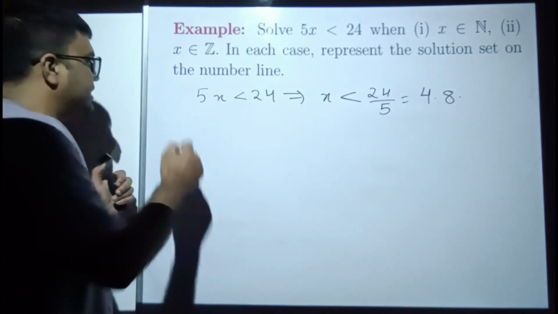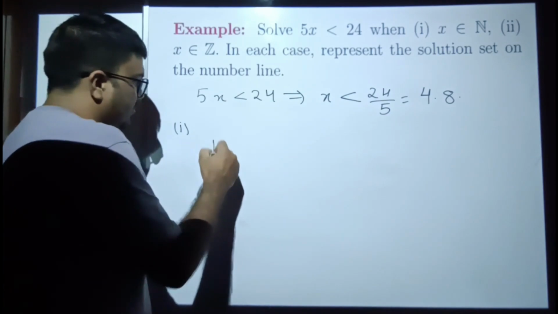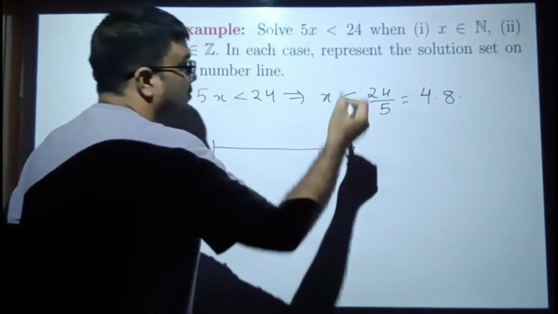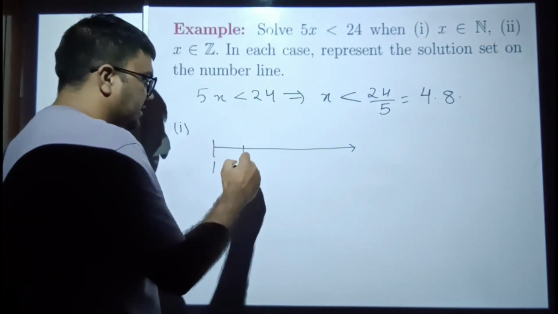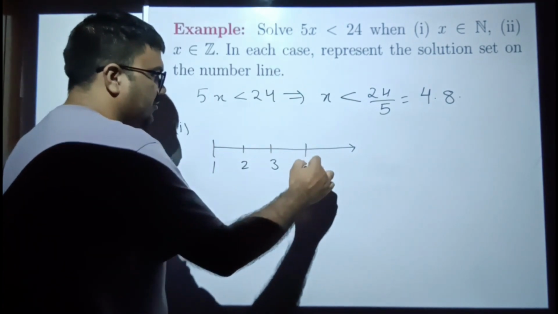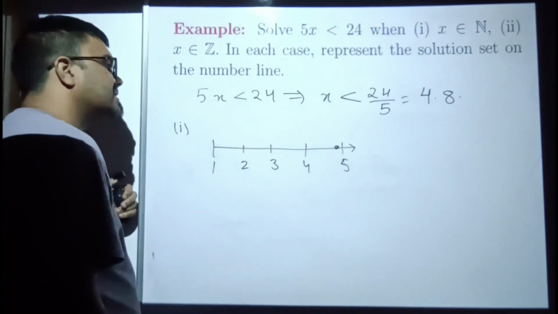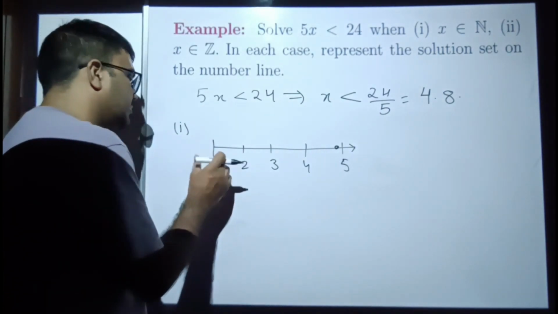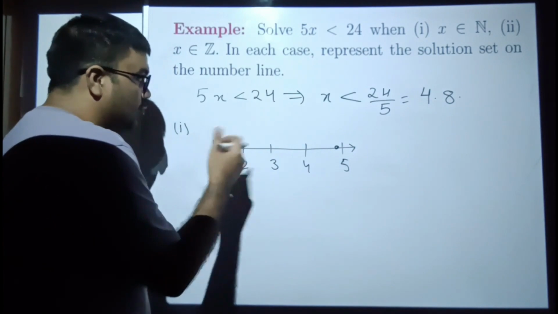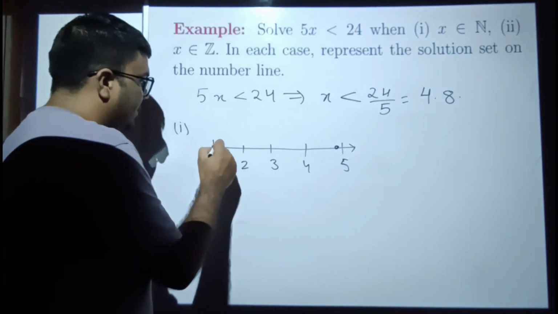So in the first case, we plot the number line over here. We are talking about x belongs to N, so it is starting from 1, 2, 3, 4, 5. This 4.8 is somewhere over here. We are talking about the natural numbers 1, 2, 3, 4. So the only solutions that we will have, one is included over here.